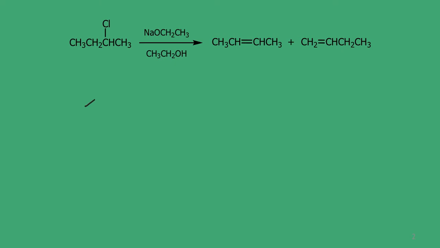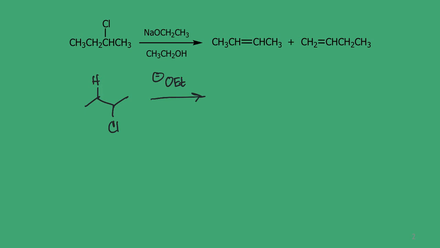So looking at the first product, if we draw out our substrate as a bond line formula, we want to focus on a hydrogen that lies at this position, beta to the chlorine. And we can abbreviate the ethoxide ion this way using Et for the ethyl group, just for simplicity.